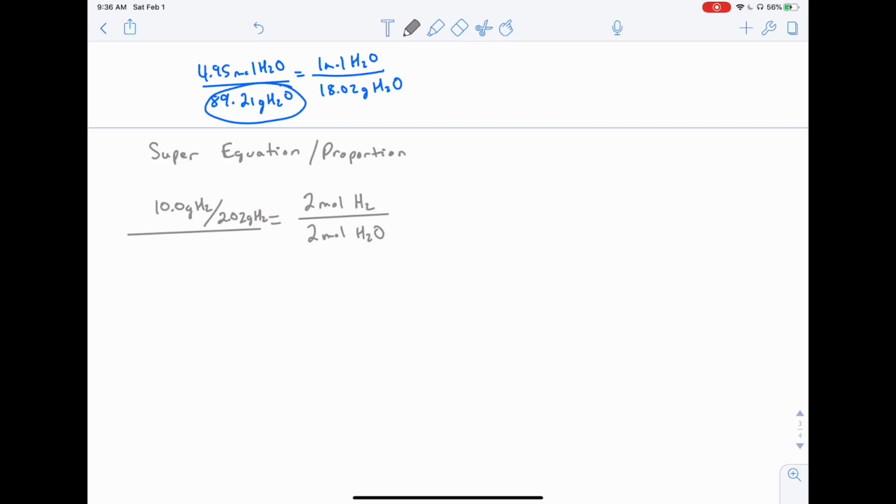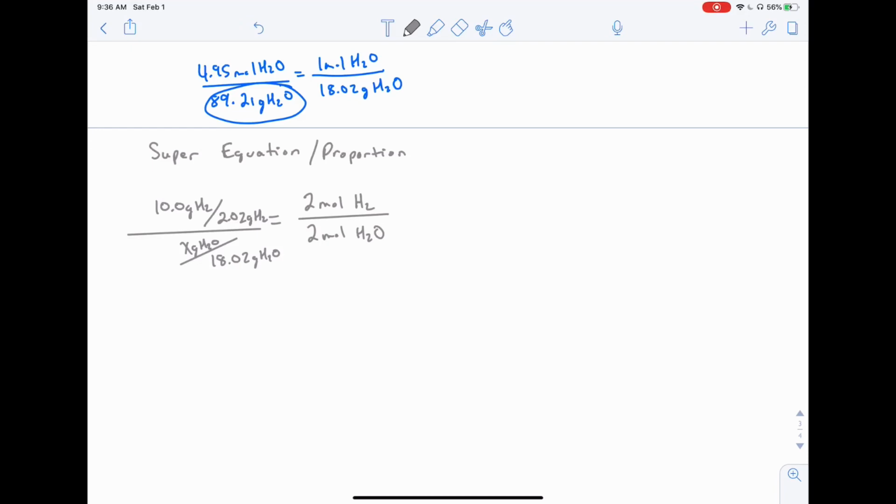How would I get moles of H2O? That would be X grams of H2O, whatever that is, over 18.02 grams of H2O. Okay, good. It's not for everyone, but the goal here is you have to convert this to moles somehow, and you have to convert this to moles somehow, right?